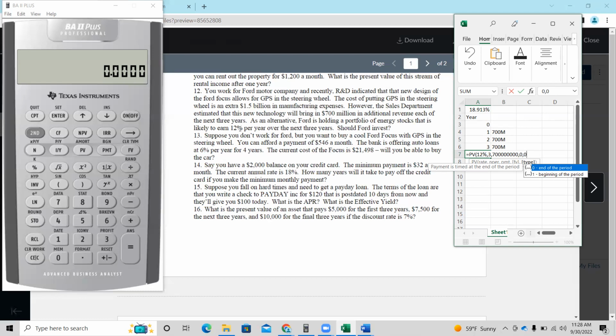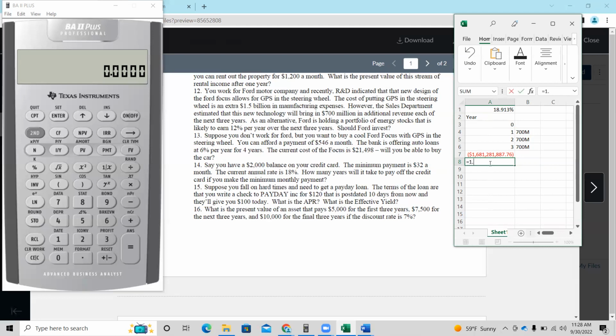Here, when I put in the 12% for the energy stock portfolio rate of return, that allows me to compare the technology investment, the GPS and the steering wheel, to the portfolio of energy stocks. And there you can see that the present value of the future cash flows is 1.681 billion.